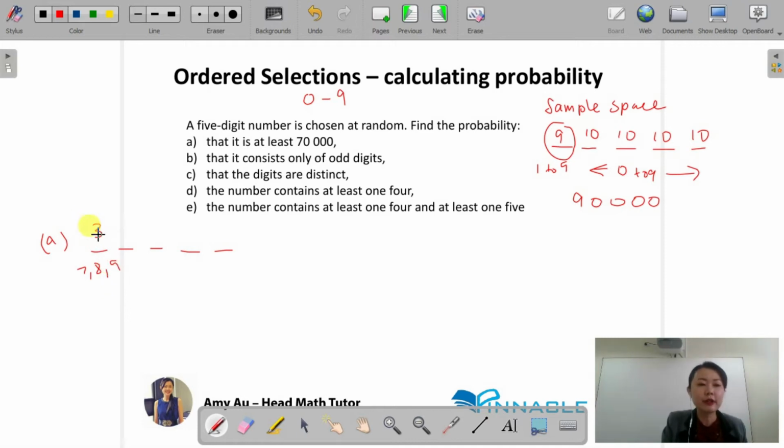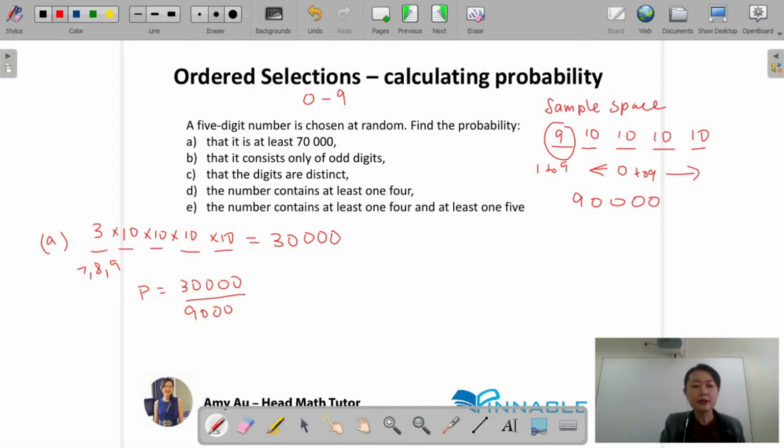So that's 3 ways to fill out the first digit. The question doesn't say you can't repeat, so I can assume repetitions allowed. So there are 10 digits to fill out the remaining. That's 30,000. So the probability is 30,000 on 90,000, which is 3 on 9.